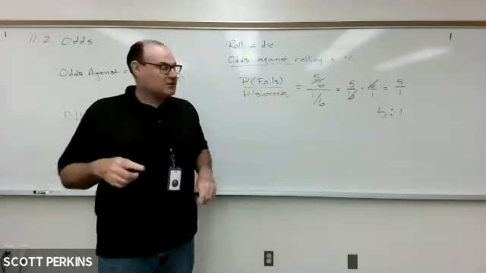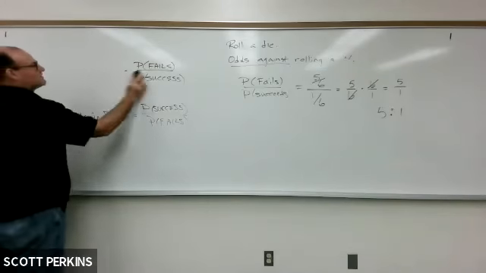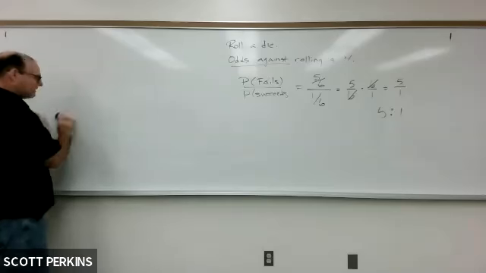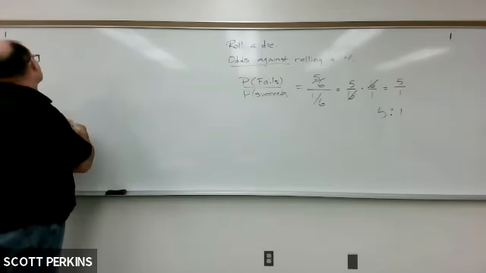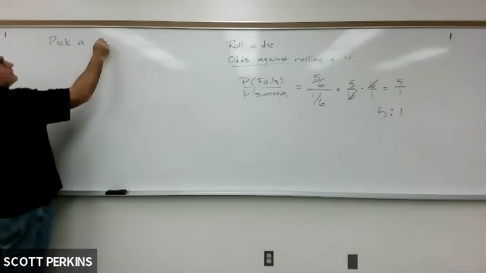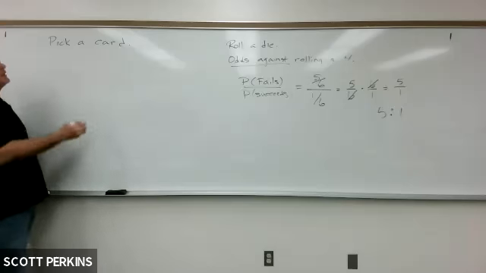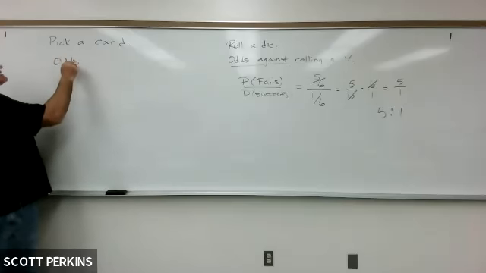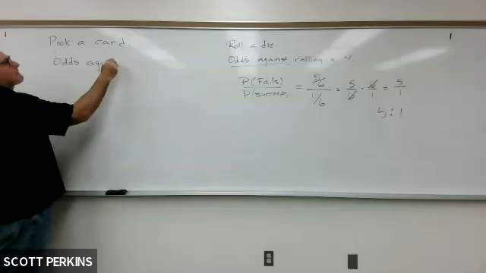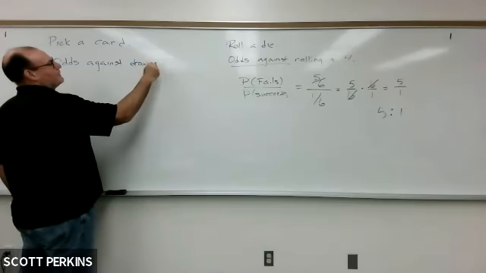Yeah, no problem. So let's go to cards, just because it gives us some extra things to do. And I've got an example for you. So we're going to pick a card from the standard deck. We're going to pick a card. And let's just keep with this first example, be nice and relaxed. What's the odds against drawing a 4?